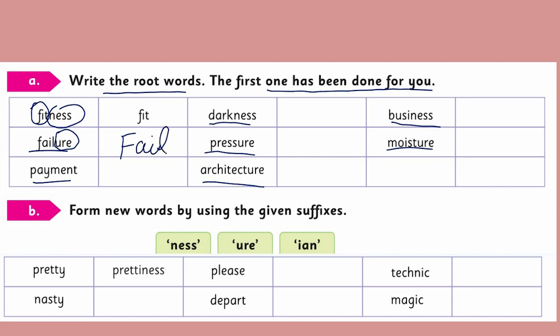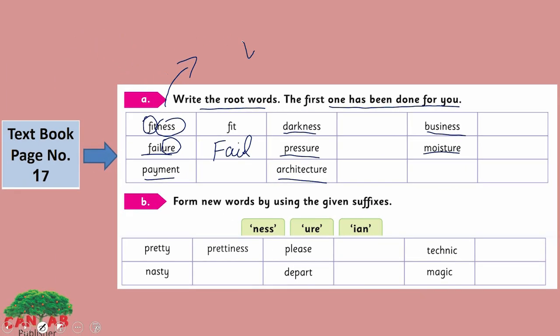And it totally changes its meaning. Like how? Failure means nakamyabi. And fail is nakam. Darkness becomes, if we remove this ness here, it becomes dark. Business becomes busy here. So we have to change I into Y here.